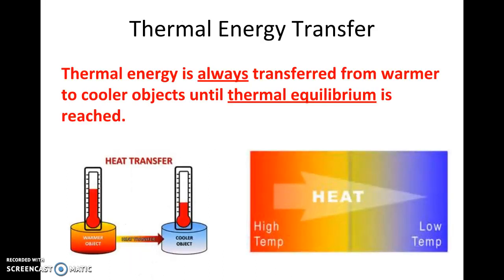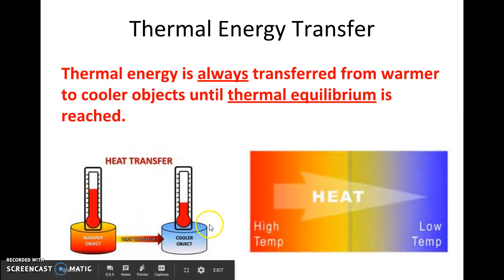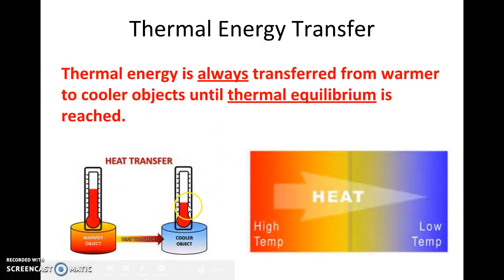Thermal energy transfer always transfers from the warmer objects to the cooler objects until thermal equilibrium is reached. So when this warmer object transfers enough heat to make this cooler object equal in temperature, they will continue to transfer until it happens.